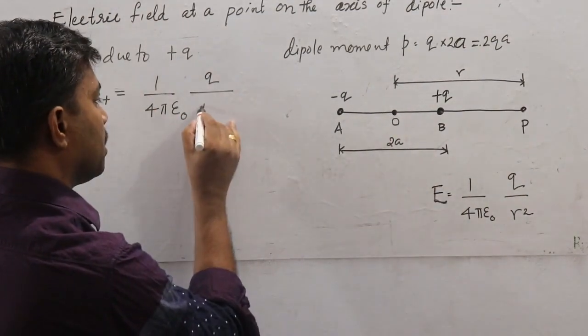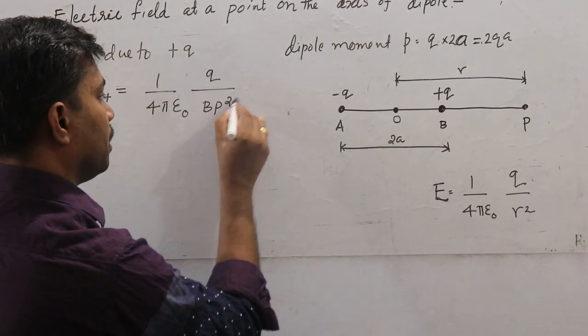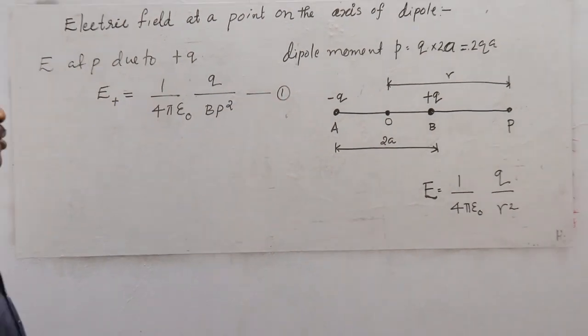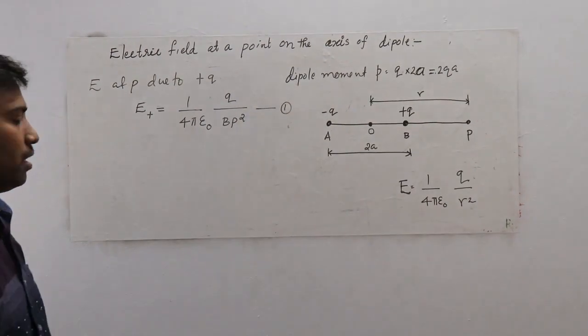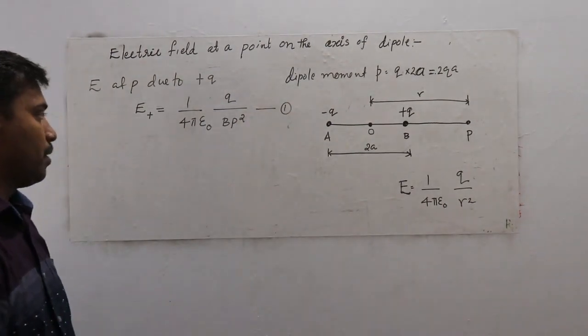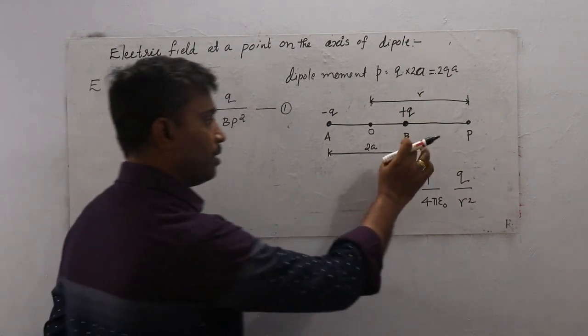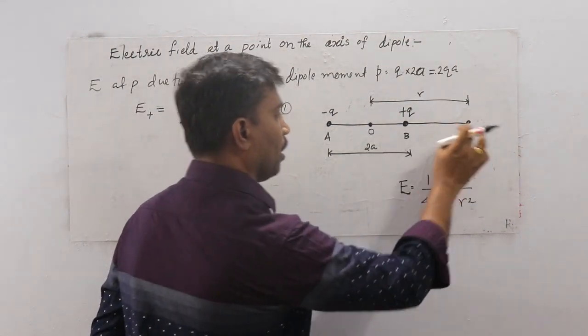That is equation number 1. So the electric field at a point P due to the positive charge is E plus equal to 1 by 4 pi epsilon 0 q by BP square. BP means the distance from the charge to that point.